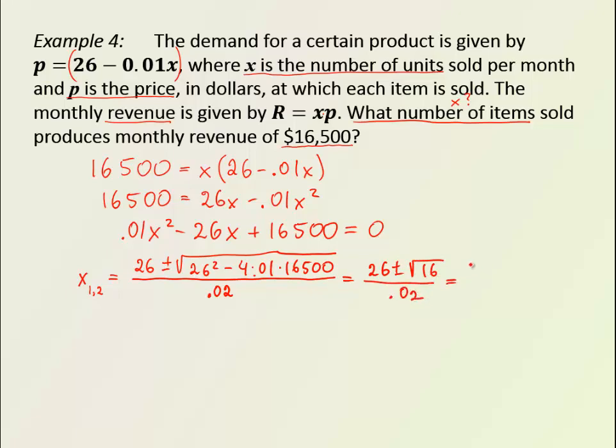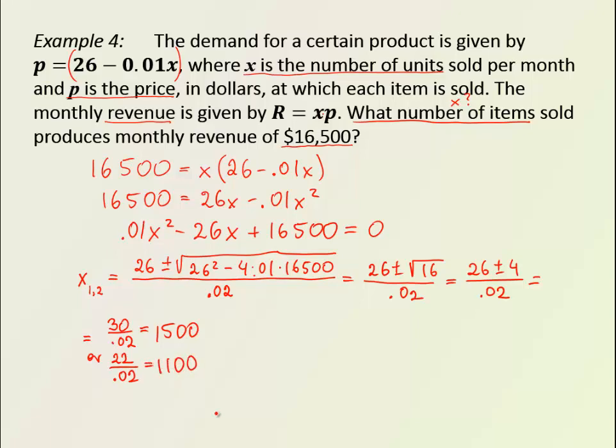But that equals 26 plus minus 4 over 0.02. And finally, 30 over 0.02, which gives us 1500. Or, with minus, we'll have 22 over 0.02, which would give 1100.